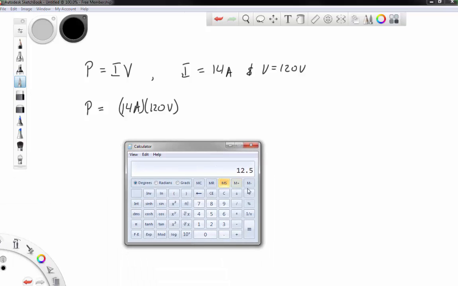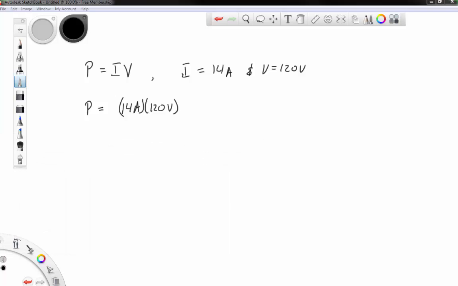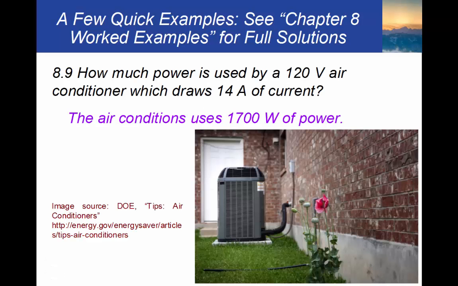So let's whip out our calculator and figure out that it's 1,680 watts. Now, with that said, we only have two significant figures to work with, so we should round this to 1,700 watts of power. That's how much power is needed by this air conditioner.